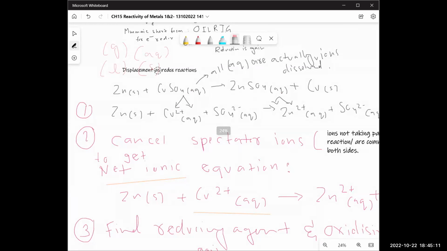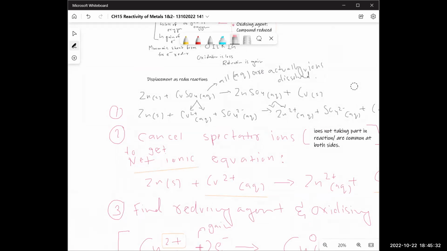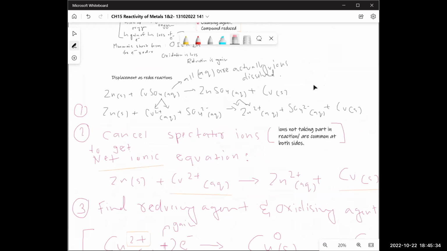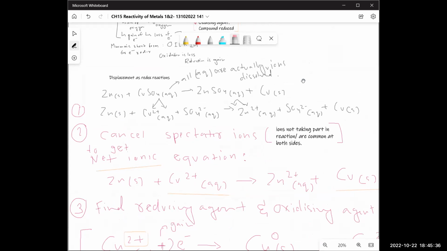We realize that anything that is aqueous is always dissolved in some water. It's actually ions. Aqueous means ions. Therefore, if I have copper sulfate aqueous, it's actually Cu2+ ion and SO4 2- ion dissolved. Sir, how do I know if it's aqueous or solid?